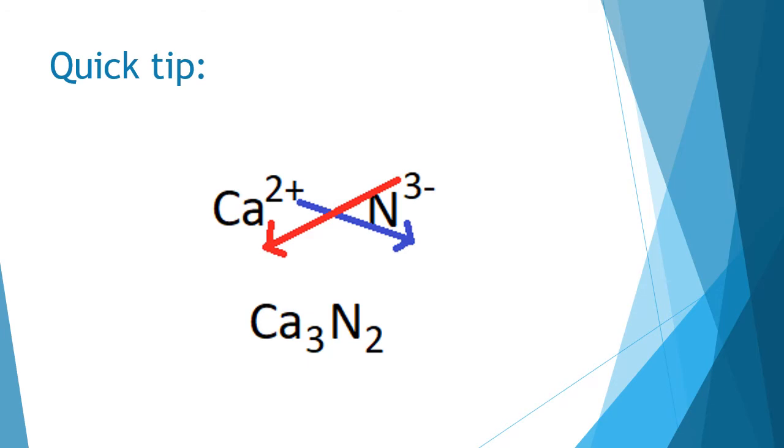This is represented by the arrows here on the screen, with the red arrow dragging the 3 down from its charge as nitrogen to be the subscript for calcium, and the blue arrow dragging down the 2 from calcium to make it the subscript of nitrogen. This is a quick way to get the subscripts. Please note, if you do this, you will have to double check if you need to reduce anything. For example, if you had 2 and 4, you could reduce those to 1 and 2.